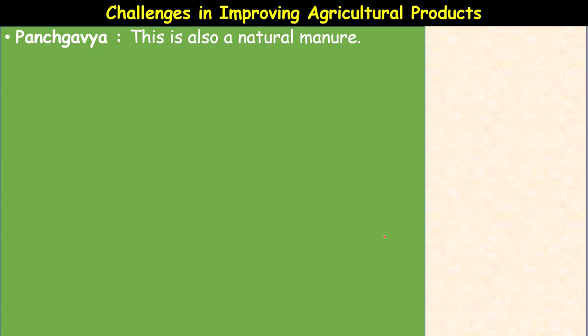What are the disadvantages? The excess and constant use of chemical fertilizers affects soil fertility adversely, because the organic matter in the soil is not recharged and the microorganisms in the soil are harmed by the chemical fertilizers.